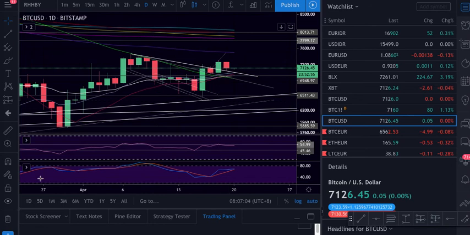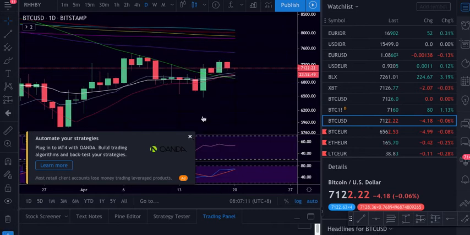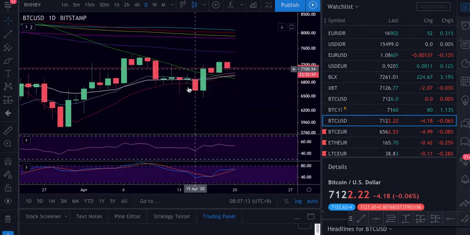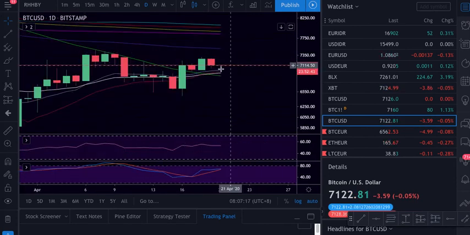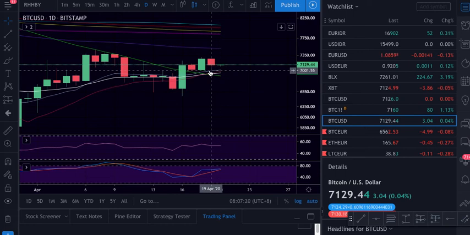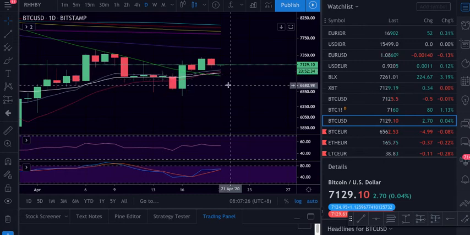Okay, so I will clean all the charts now. I will clean everything, and I'll try to do a cleaner Bitcoin chart. So this is where we are on the daily. We are still trying to find support because on this candle here, we didn't touch all the moving averages, and we still have all these areas as support.